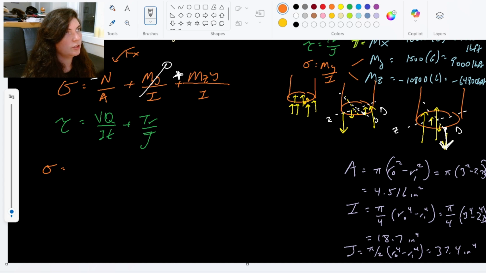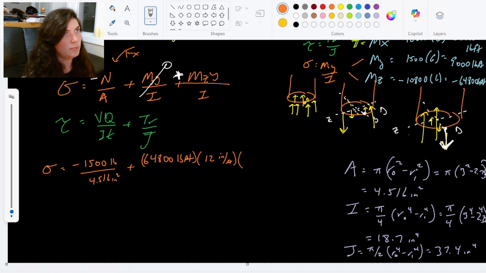So we can solve for normal stress. Negative, that normal force was 1,500 pounds over the area, 4.516 inches squared, plus Mz, 64,800 pound-feet. Let's convert that out of feet, 12 inches per foot.